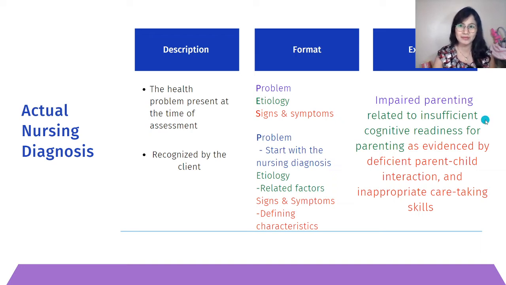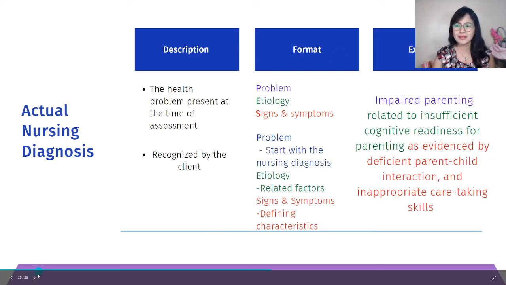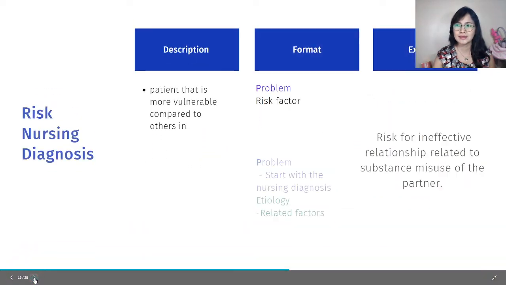Then what could be the evidence that made you say that it is really a problem? Or you can say, if it's an illness, other signs and symptoms. But here, this is situational. So, we can say as evidenced by deficient parent-child interaction and inappropriate caretaking skills.